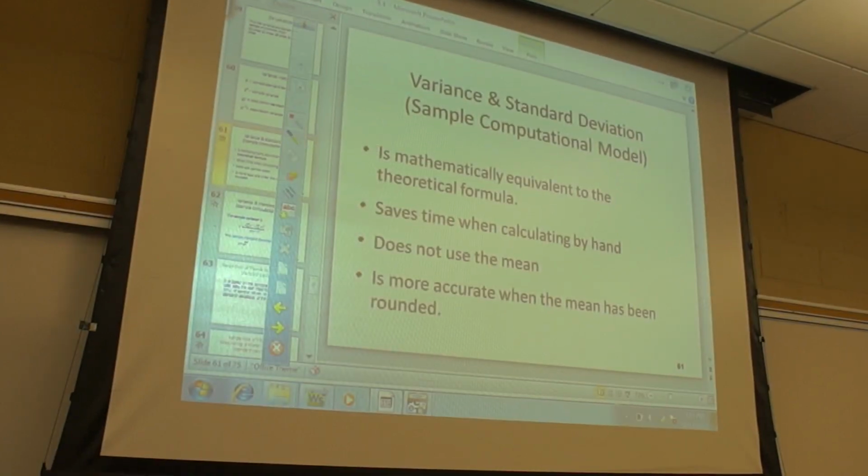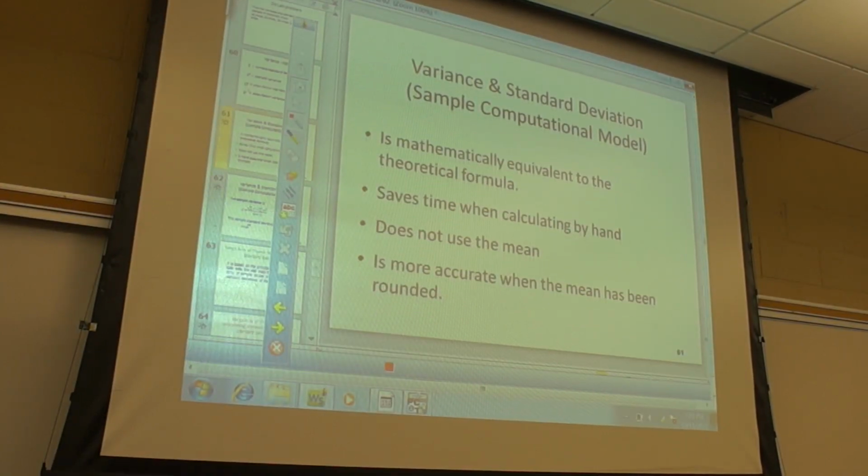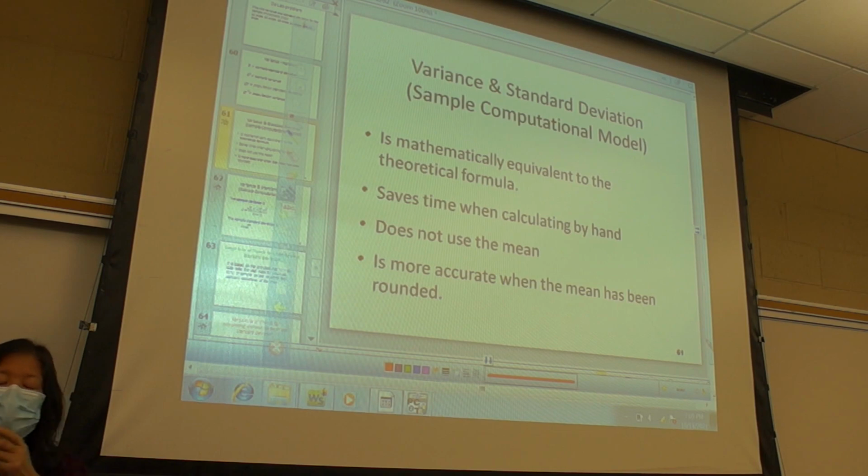I also want you guys to write down the computational model. It's mathematically equivalent to the theoretical one, but it saves time and it's easier when you're doing calculations. So whenever your mean, let me say this one more time. On your homework, whenever your mean is a decimal, use this one instead.